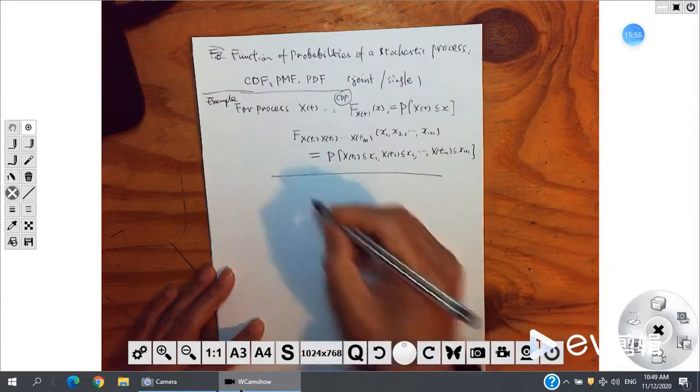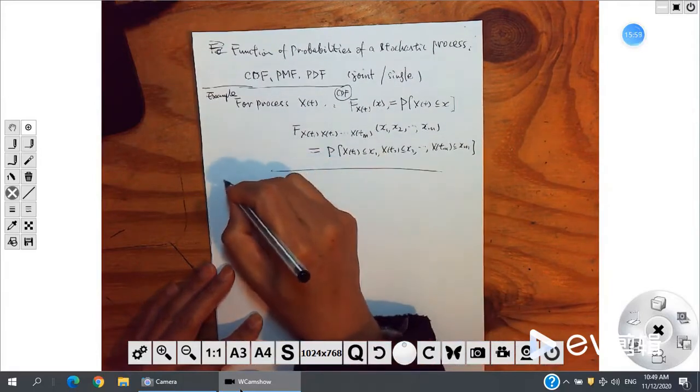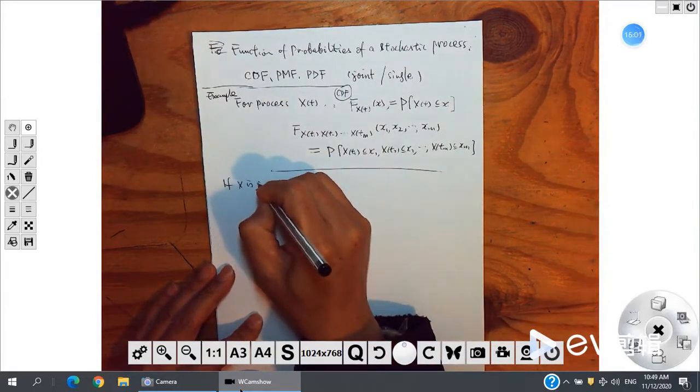You can also have the PDF if x is a continuous value.